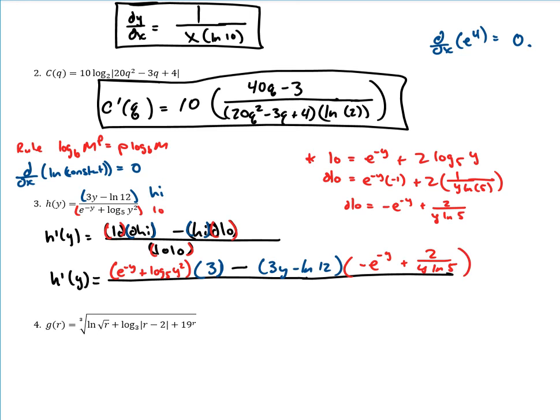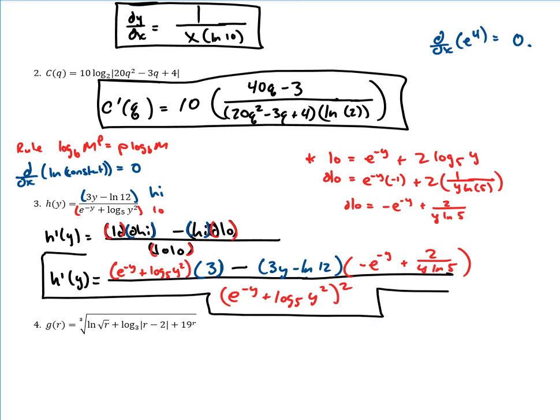And then all over the low one squared. So this getting squared: e to the negative y plus log base 5 of y squared, squared. Okay, and then this should be okay. Okay, so usually the crazier it gets, the less work there is once it's plugged in.